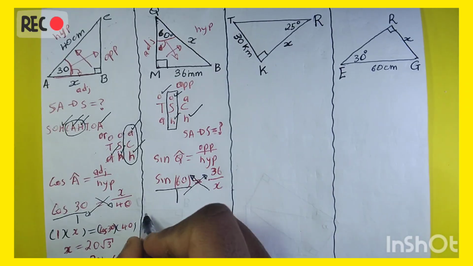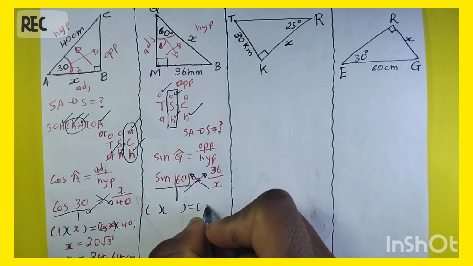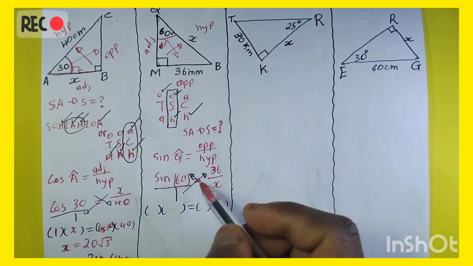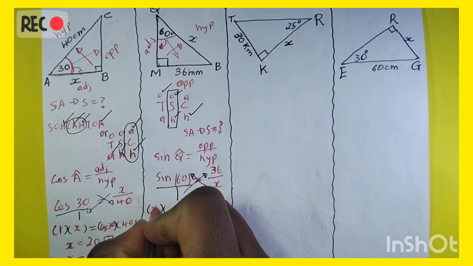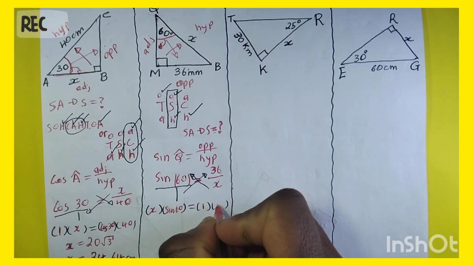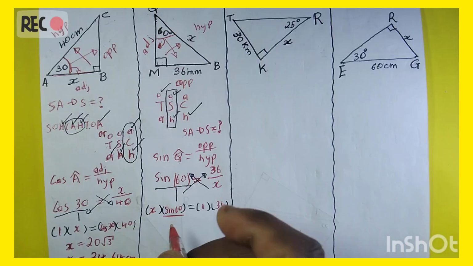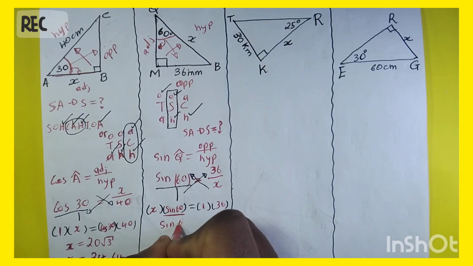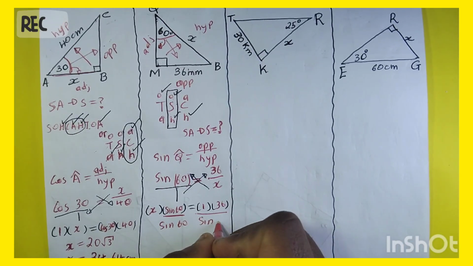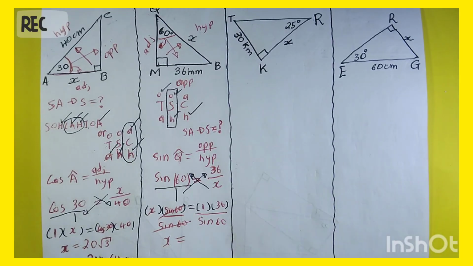All the time my unknown value should be on the left hand side, guys. So make sure that it is on this side, and this is sine 60 here. So what is in front of what you need, divide by it on both sides, so that it gets cancelled. Our x will become the subject.